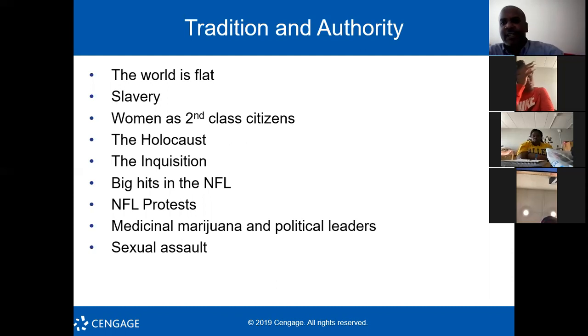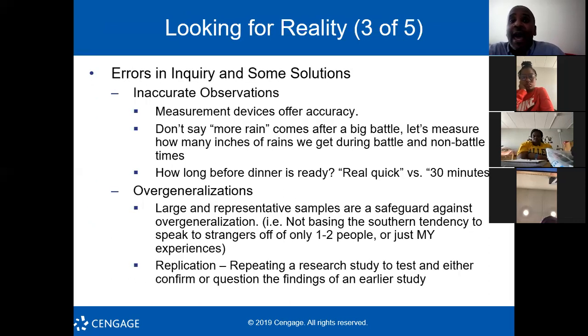These are all types of ridiculous ideas that were passed down from generation to generation, and a lot of people accepted them because they came from tradition. Tradition means, hey, this is just what we believe, so we're going to keep on doing it. And authority: this important person said it was true, so I'm going to believe them. I want you to believe yourself. If you don't get nothing else from this class, please get that.